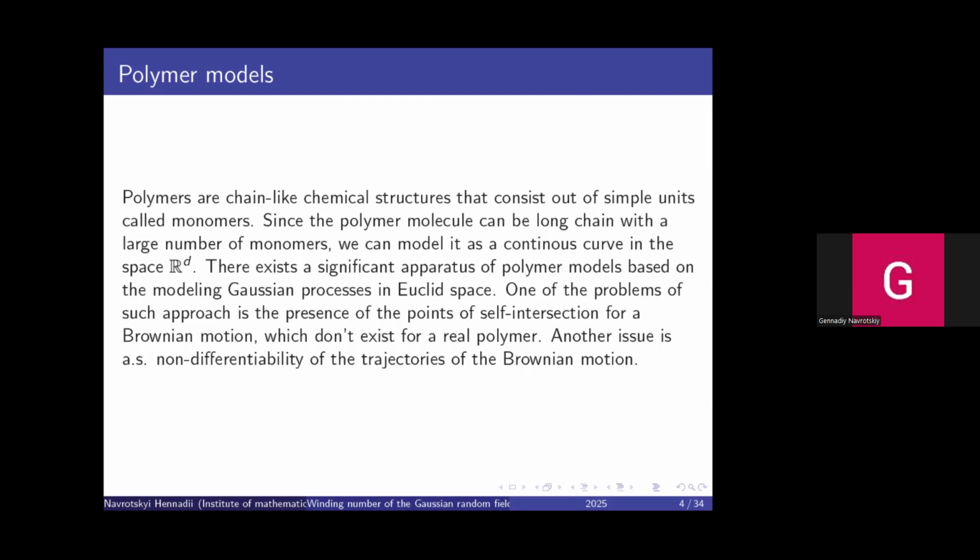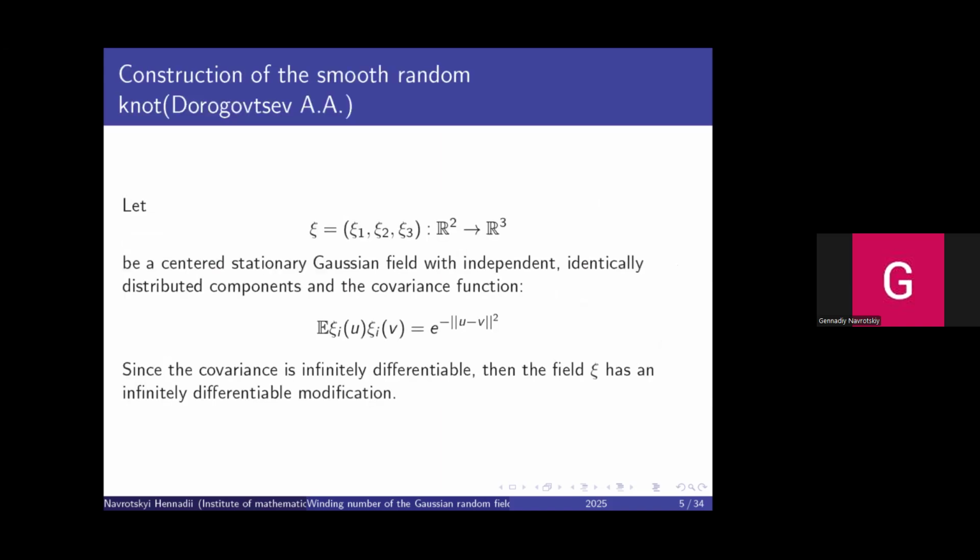Therefore, Dorogovtsev A.A. proposed in his 2023 paper on stationary random knots the following construction. We take a centered stationary Gaussian field on the plane with independent identically distributed components and the covariance function equal to e to the power minus (u minus v) squared.